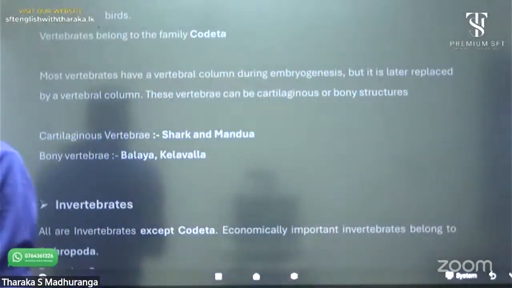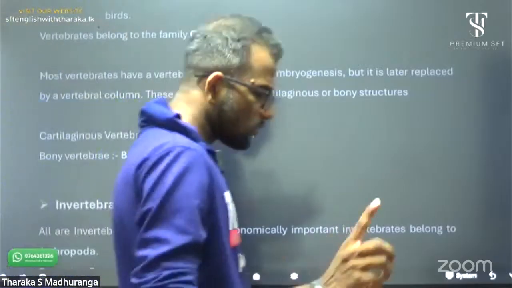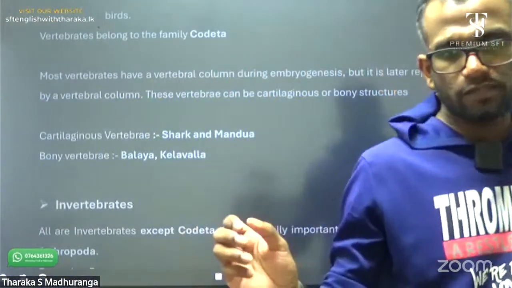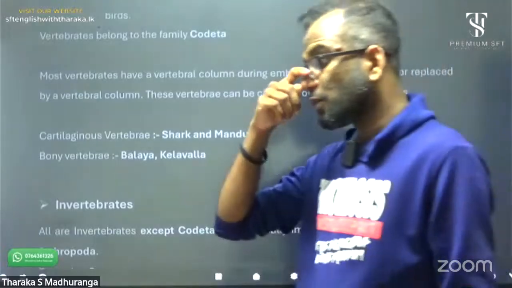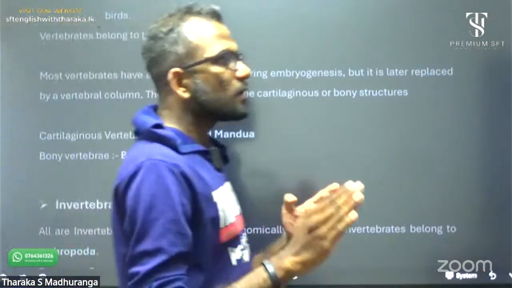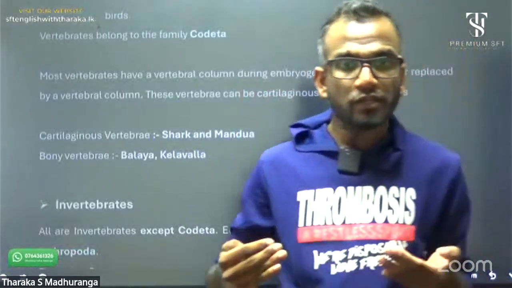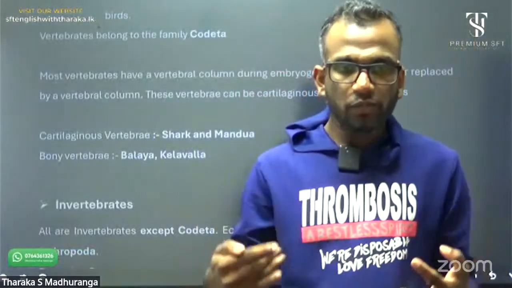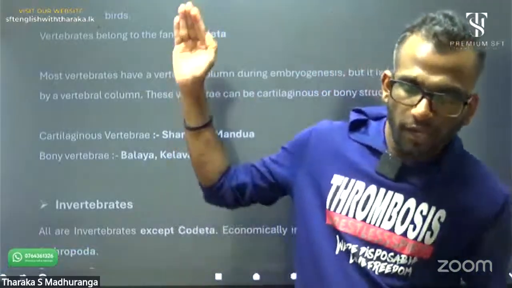Please go through the small recording on vertebrates and invertebrates, mammals and arthropoda economical values, and complete cell structure. Amina, make sure to prepare a short note of this entire lesson.